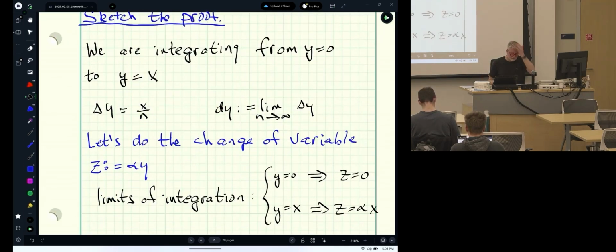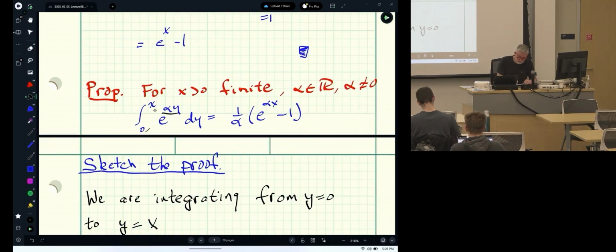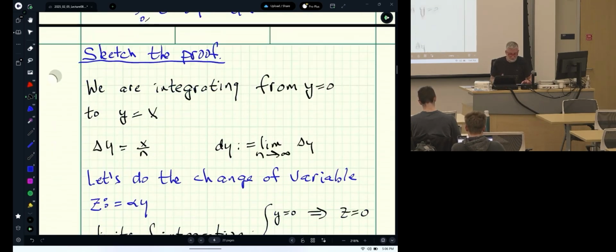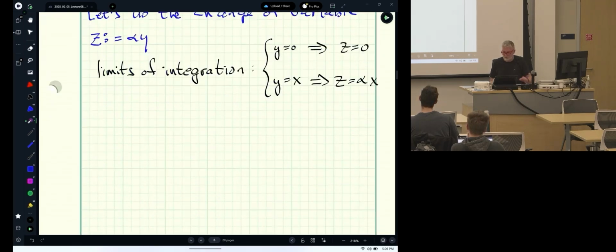Okay, so z is alpha times y. We're just checking the limits of the integral. So then we know how the argument changes. We know how the limits change. Let's make sure we understand how delta y changes.